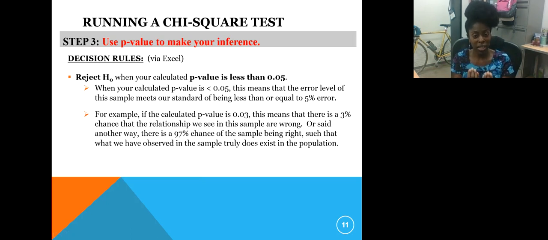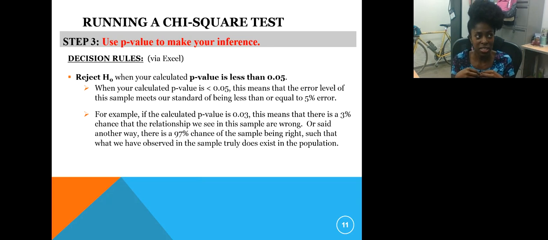We talk about it later, when we start talking in terms of the population, and you'll see that in the next couple of bullets. So we have our 3% chance of error, we're rejecting the null, and we're saying, hey, there is a relationship, right? That what we're seeing in the sample does exist in the population.